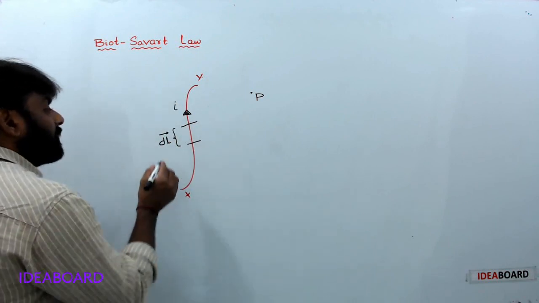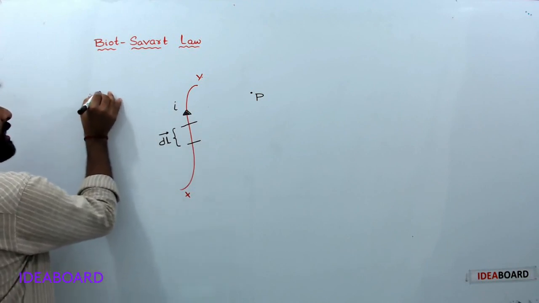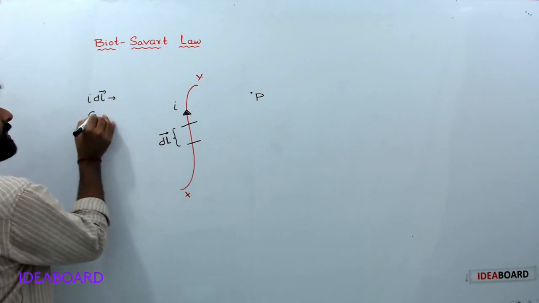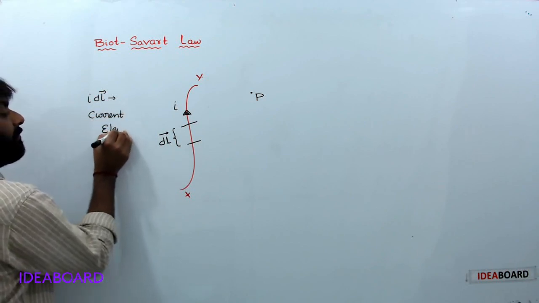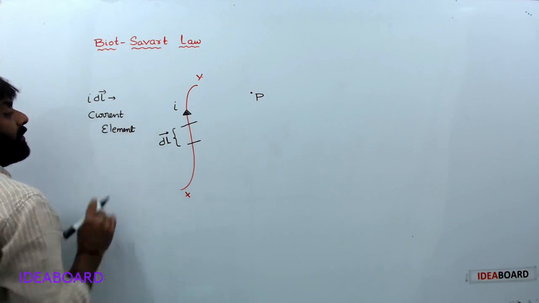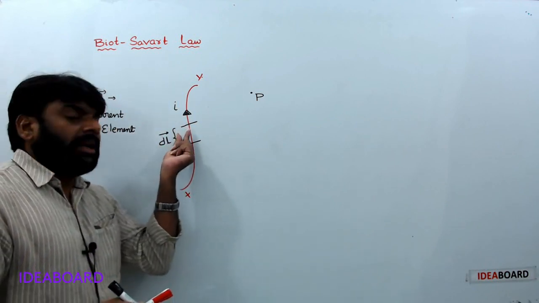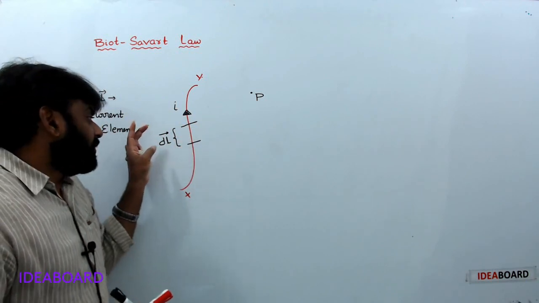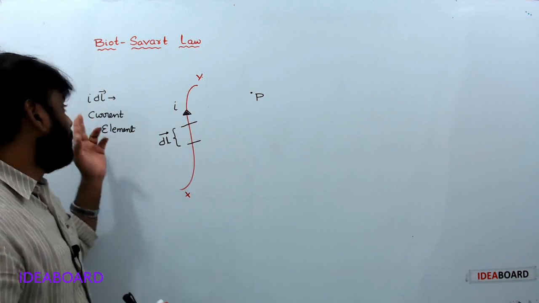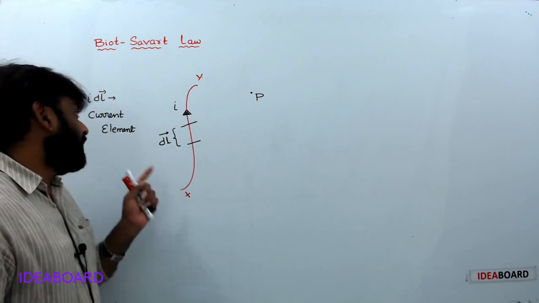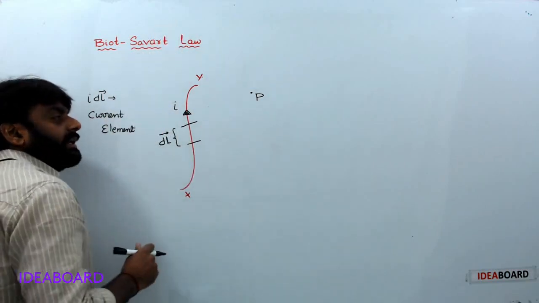So simply this I dl bar is called the current element. First of all consider a small length, and that length direction is along the current direction.